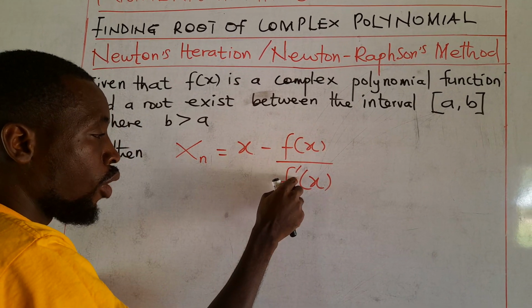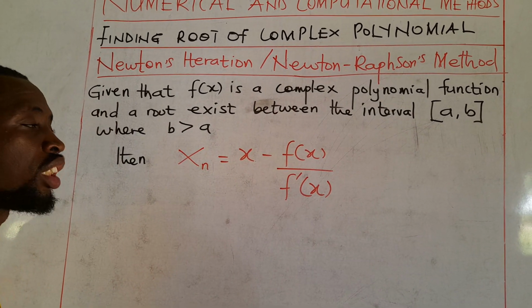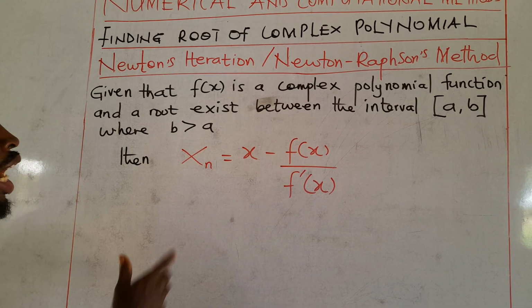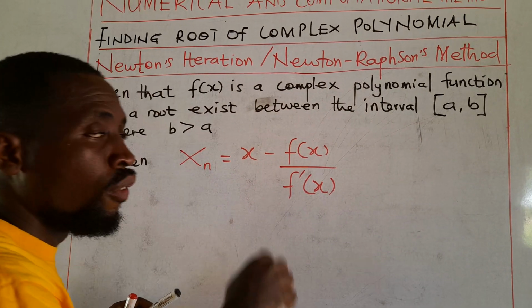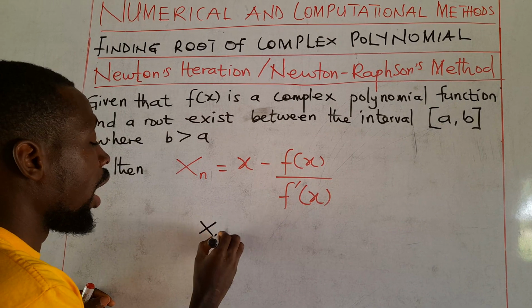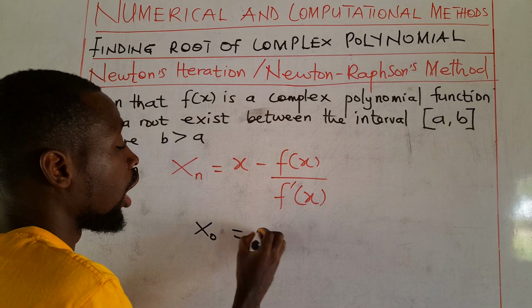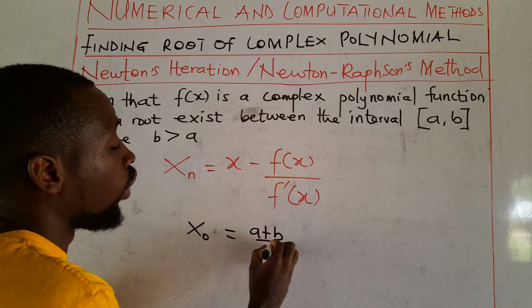And what is f prime of x? F prime of x is just the derivative of the function f of x. Remember that. And how do we get the values of x to substitute? Newton is saying that our x naught will be equal to the halving of these intervals, that's a plus b all over 2.